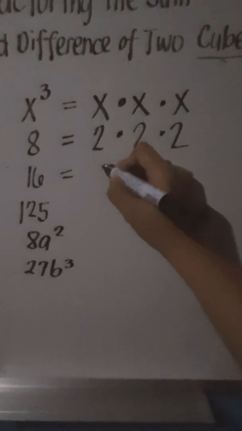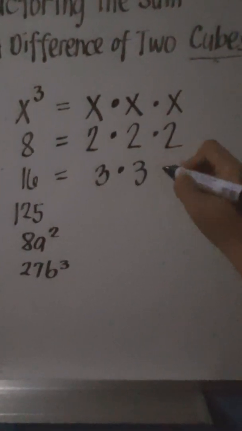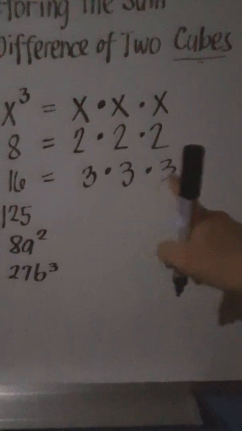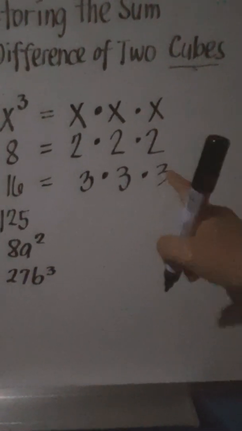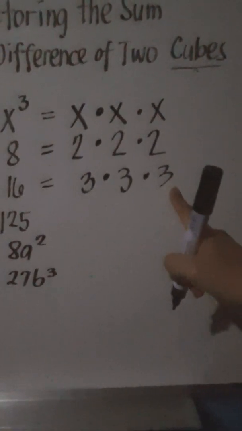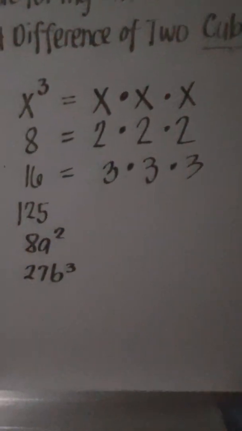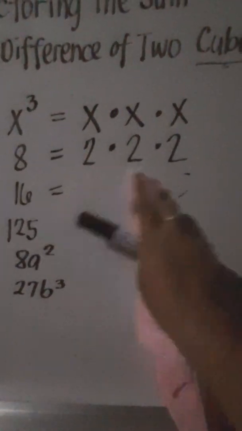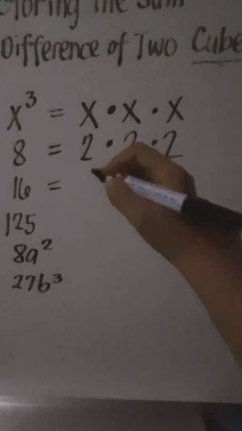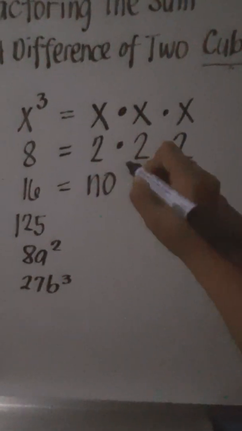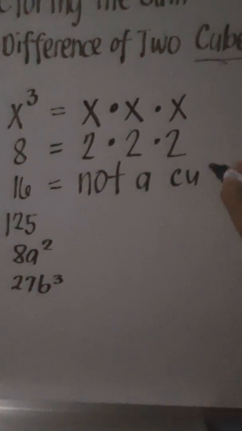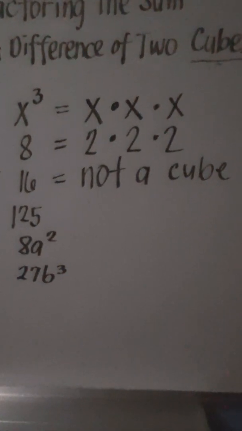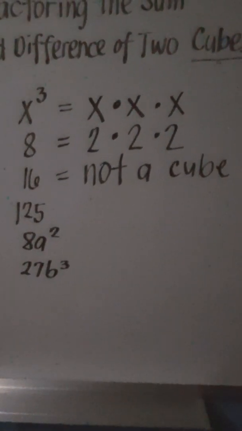If we multiply 3 times 3 times 3, 3 times 3, that is 9. 9 times 3, that is 27. So 27 is the next cube after 2. Therefore, 16, since there is no number that we can multiply by itself three times to get 16, is not a cube.